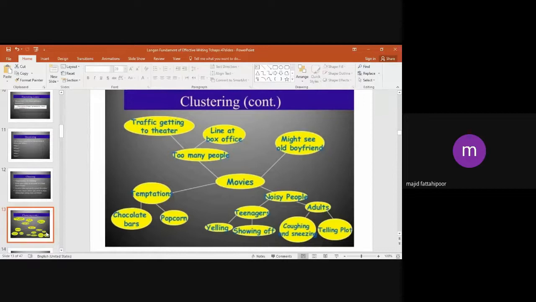While when you watch at home, you can watch at your own pace, at your own safety, at your own privacy, and so on. Well, with this kind of clustering, you can see that anyone can get convinced not to go to the cinema.